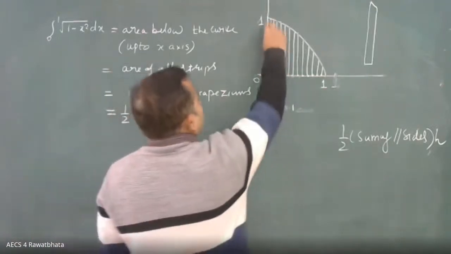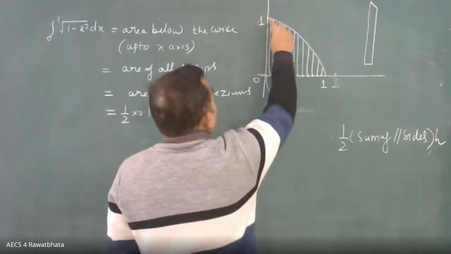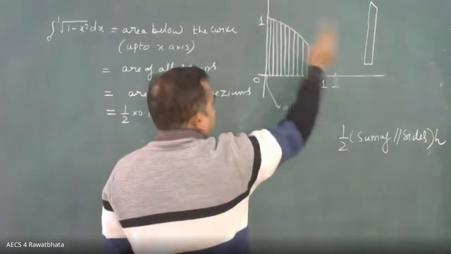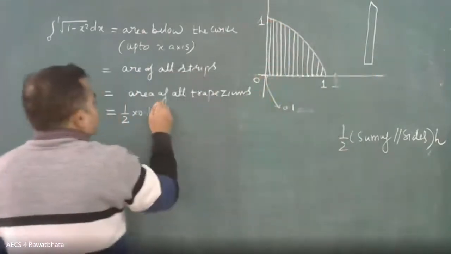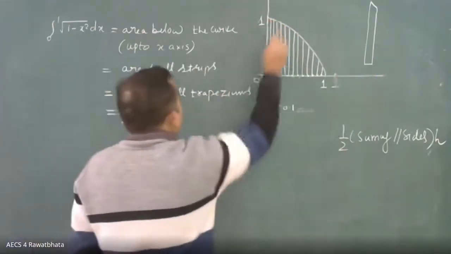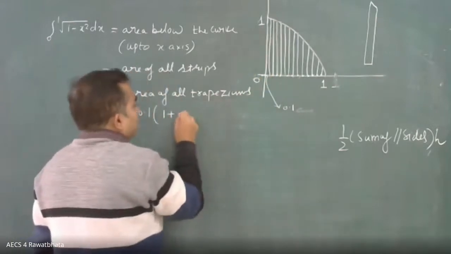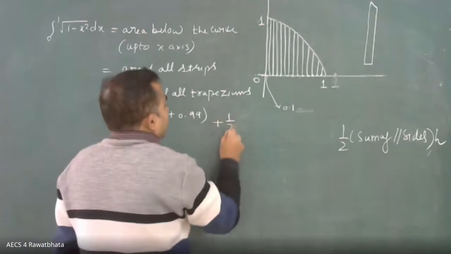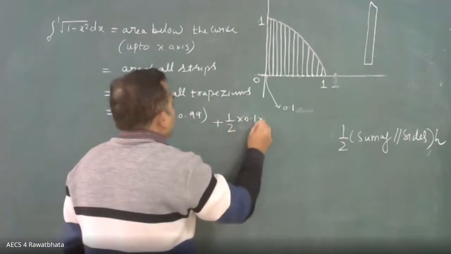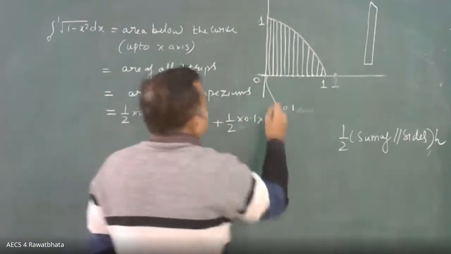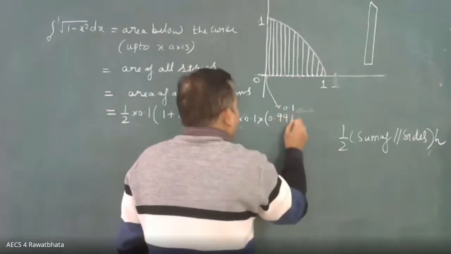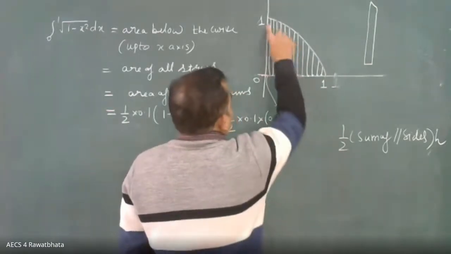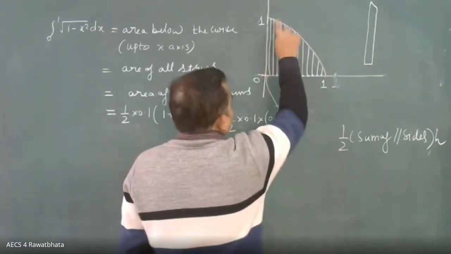So first this side will be 1 and this side you measure, right? So you can write separately this 1 plus, suppose this side will be somewhat you measure, suppose 0.99. Then plus another step, half into 0.1 into 0.99 plus something, suppose 0.98 the next.